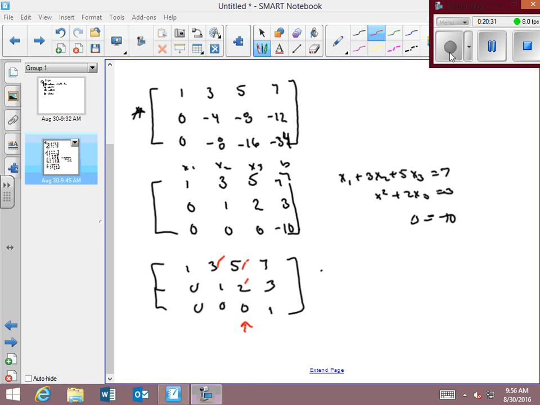In the problems 7 through 14, it says find the general solutions of the systems whose augmented matrices are given. Pick one.